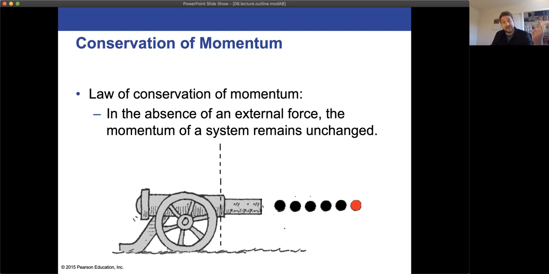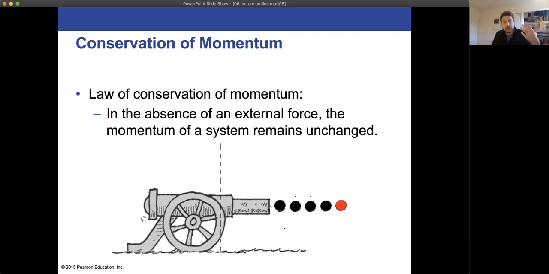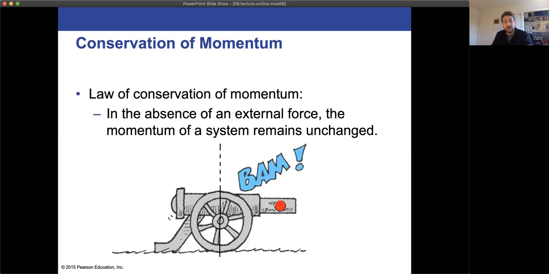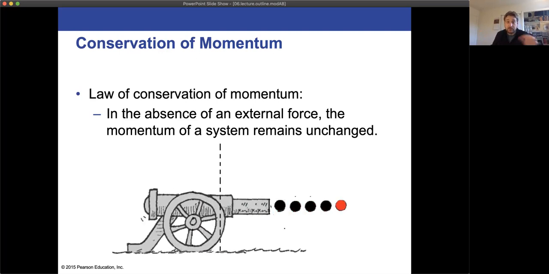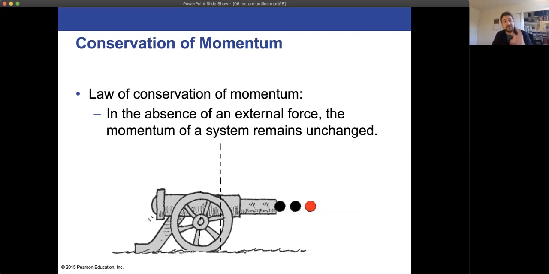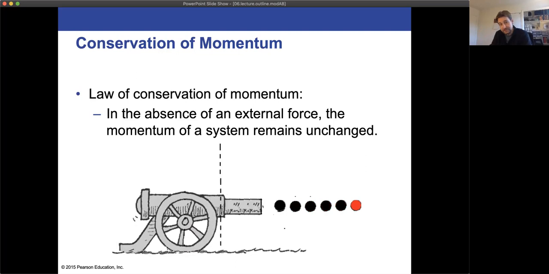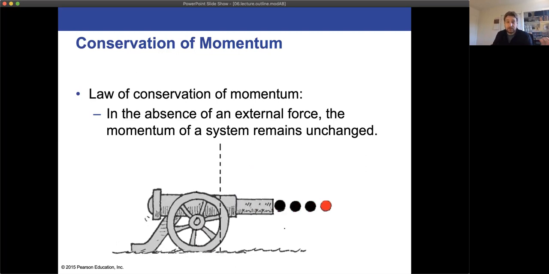So it has some momentum to the right on the page. In order for the total momentum before and after to be 0, the cannon has to be going back the other way, because remember, momentum cares about the direction. So if the cannonball has positive momentum, the cannon has to have negative momentum the other way.